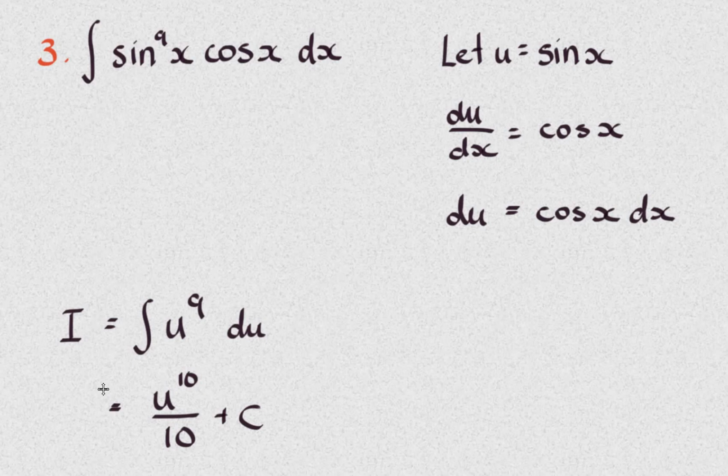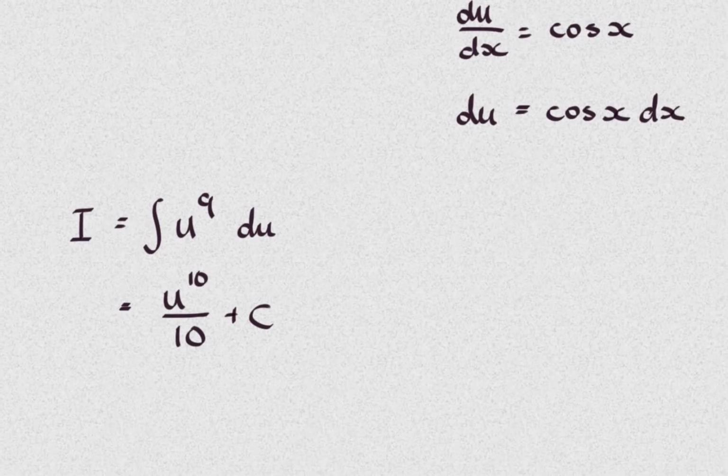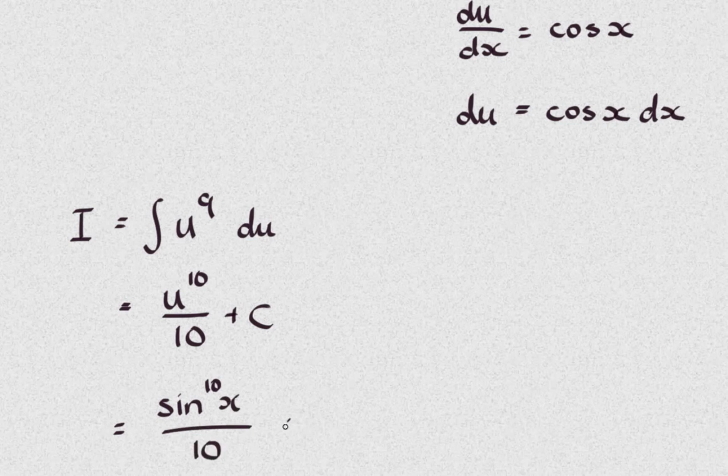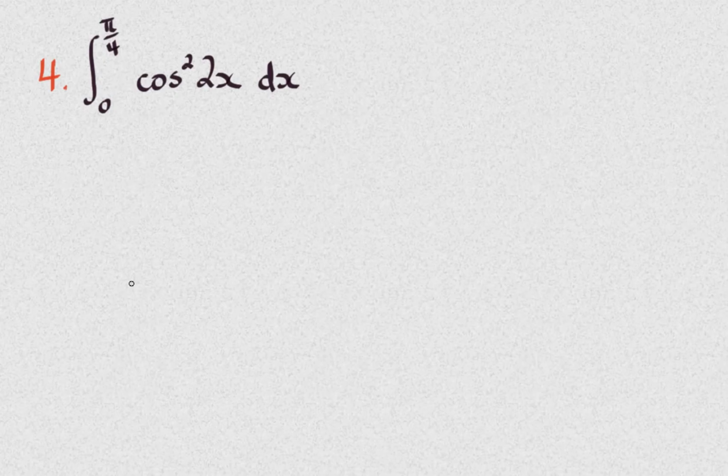And then substituting back, instead of u to the power of 10, we have sine x to the power of 10. Nice. Remember, as always, you can look at your final answer and derive it and see if you end up with the original integral. So, trig integrals, piece of cake, right?